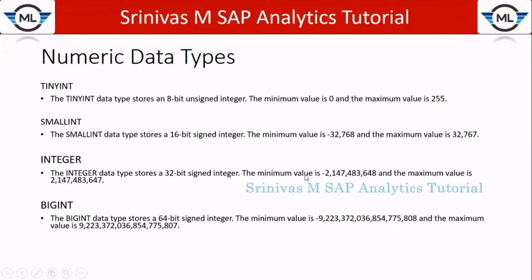Tiny int, small int and integer, these three are purely whole numbers, not decimal numbers. If you have a requirement to store rounded figures, you can go for tiny int, small int or integer. Between these three, everyone generally uses integer.